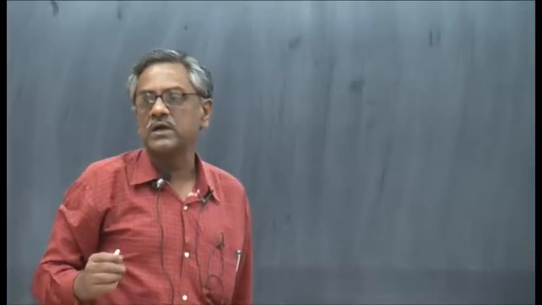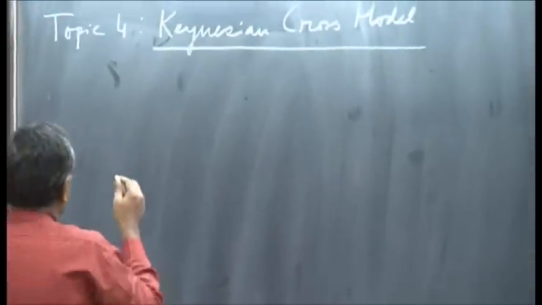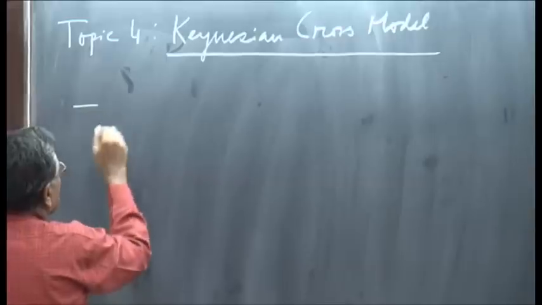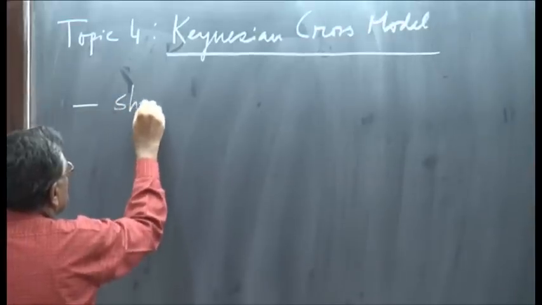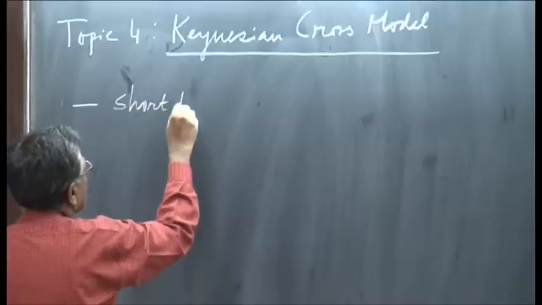Okay. This Keynesian cross model, the first thing that I should mention is that since it is the simplest model, it ignores a number of things which we will consider later. So the first thing to note is that it is a short run model.